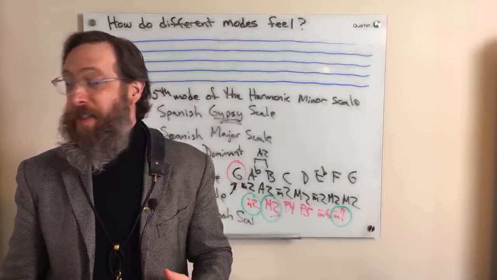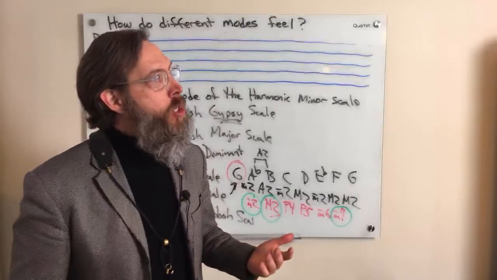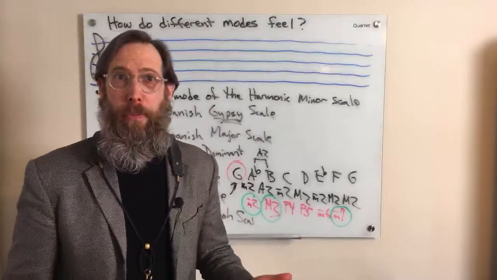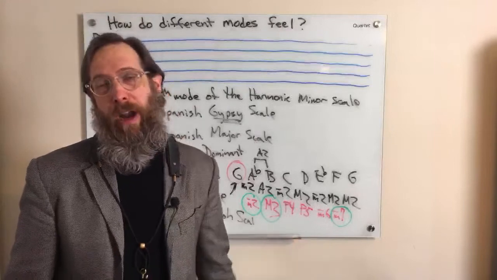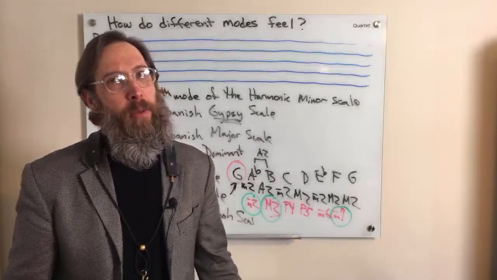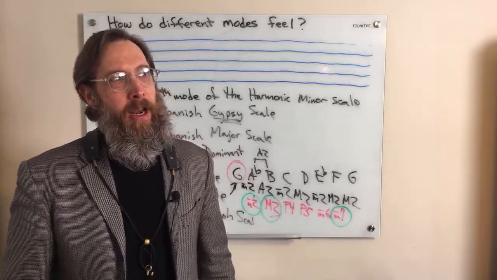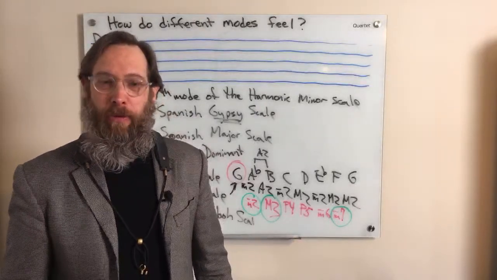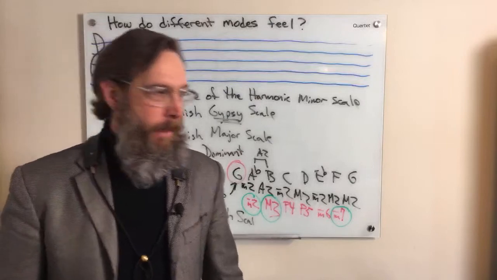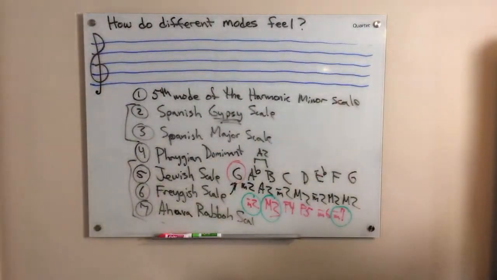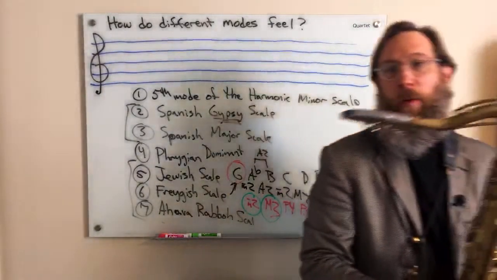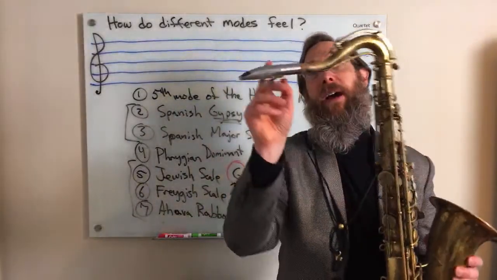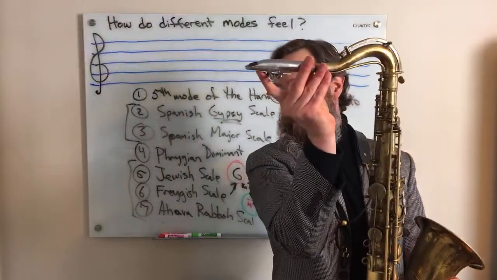Does it take lungs of steel? No, but it does take really good breath control and breath support. I used to swim competitively, and I don't know if that helped me down the road. The way the saxophone works is we've got the mouthpiece and a little piece of wood right here.